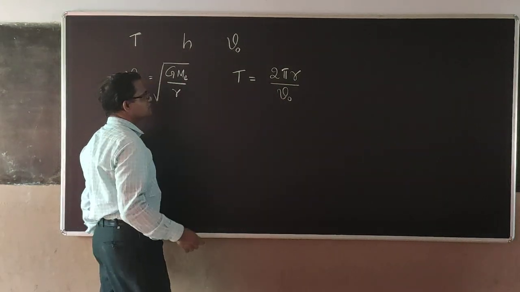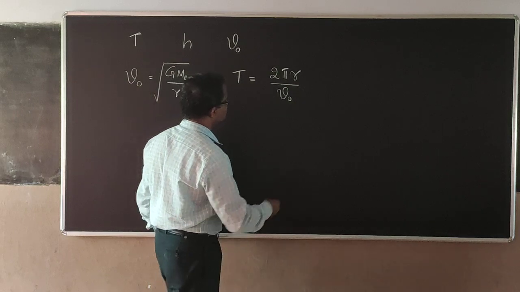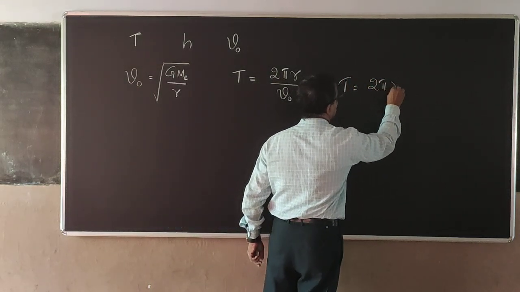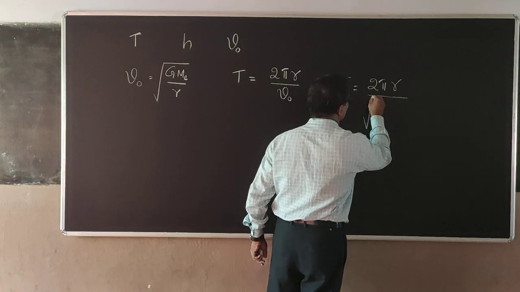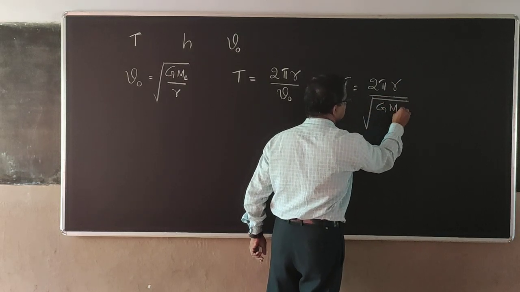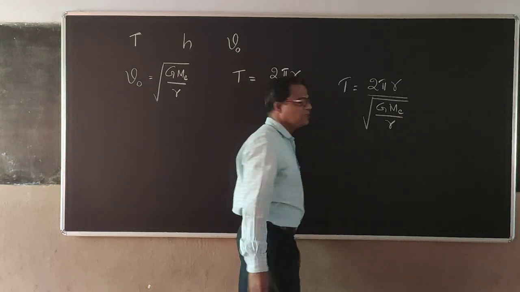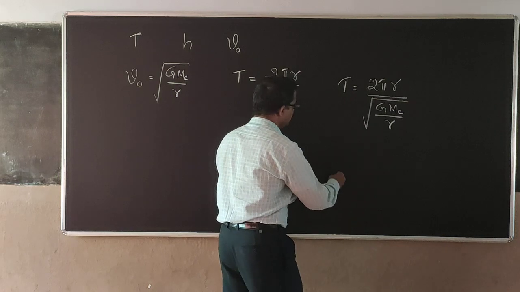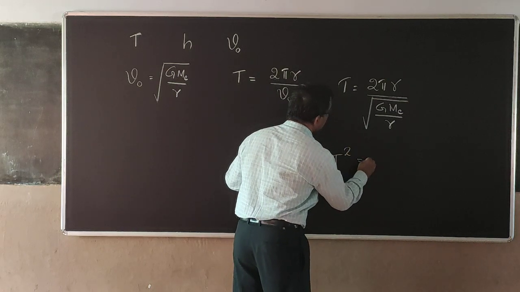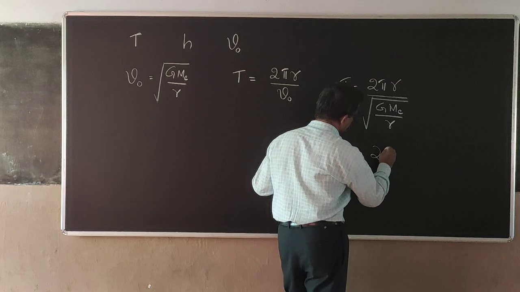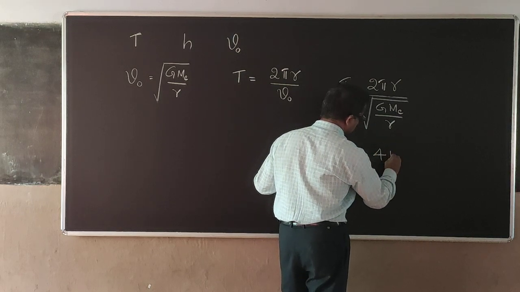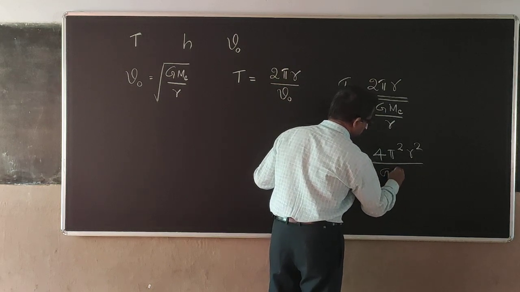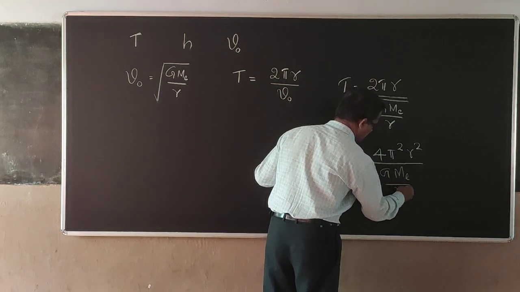Now when I substitute V_O equal to this, T will be equal to 2πr by root of GM_E by r. Now squaring on both sides, to remove the square root, I get T² equal to 4π²r² divided by GM_E by r.